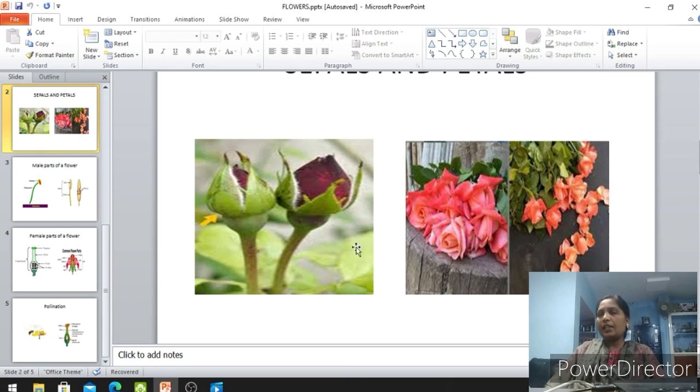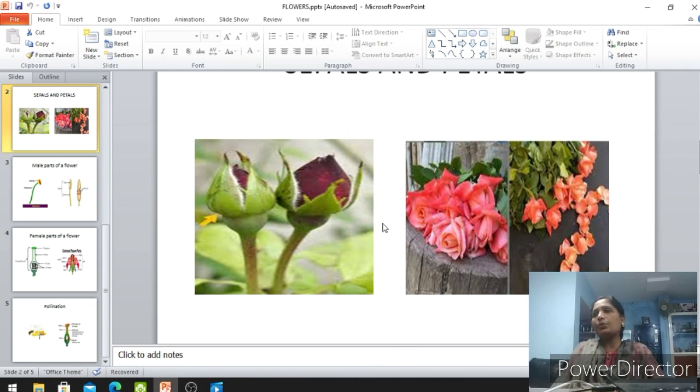Now, your today's homework is you collect any 5 types of different plant flowers and observe how their sepal arrangement is, how many sepals they have, and whether they are united or separate from each other.